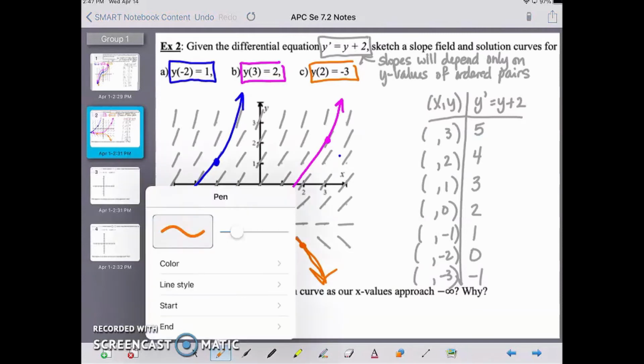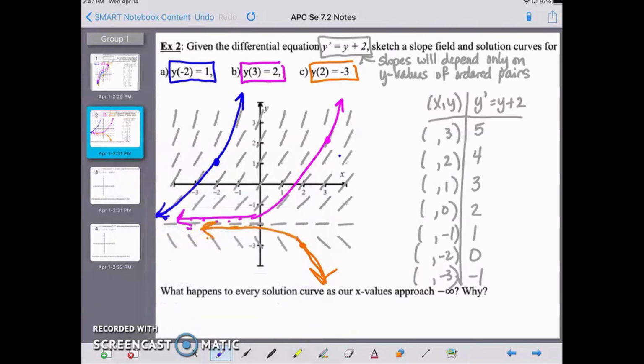So the answer to this question is that as x approaches -infinity, all of the solution curves approach y equals -2.